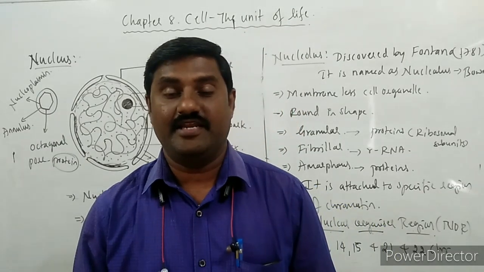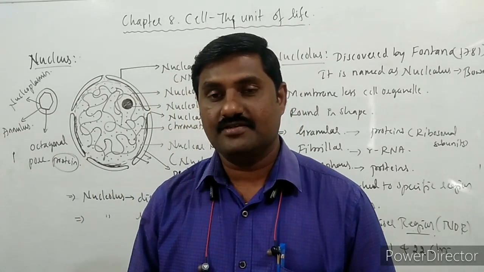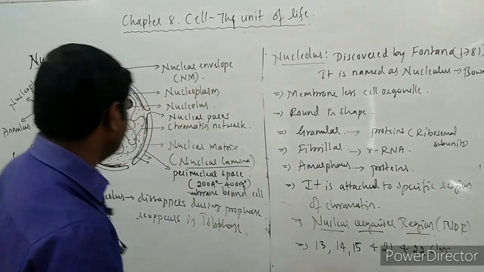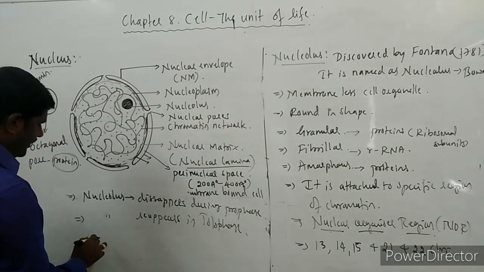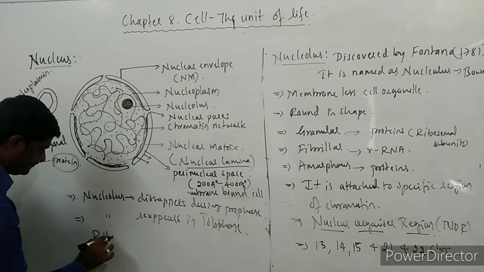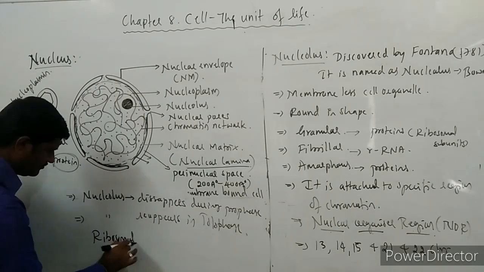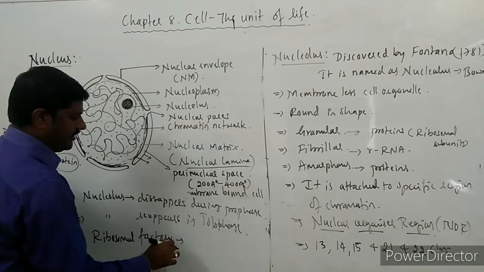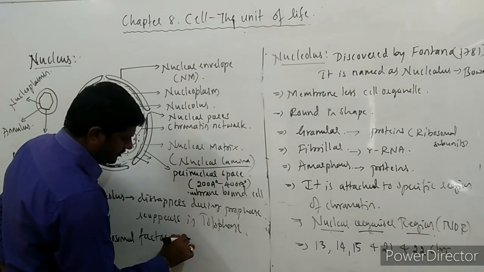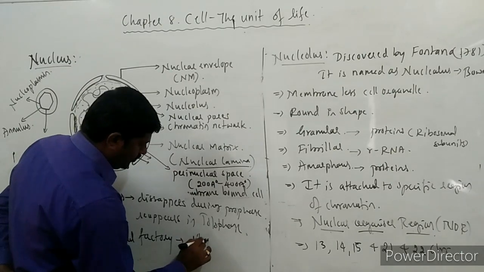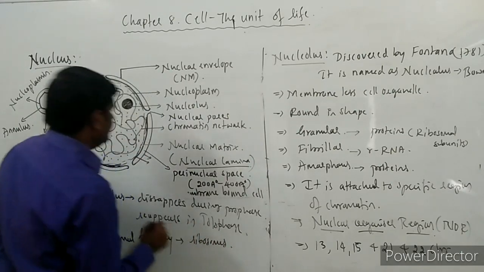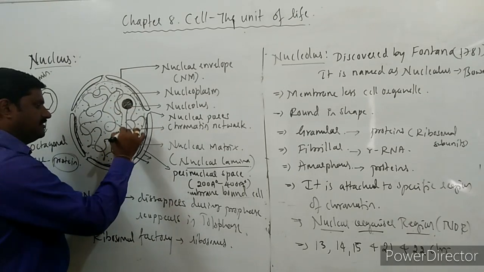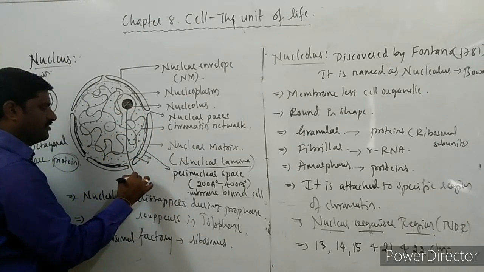It is a very important one. It is commonly known as the ribosomal factory. Why is it called so? Because it helps in the synthesis of ribosomes. Ribosomes are synthesized here and they come out of the nucleus through nuclear pores.